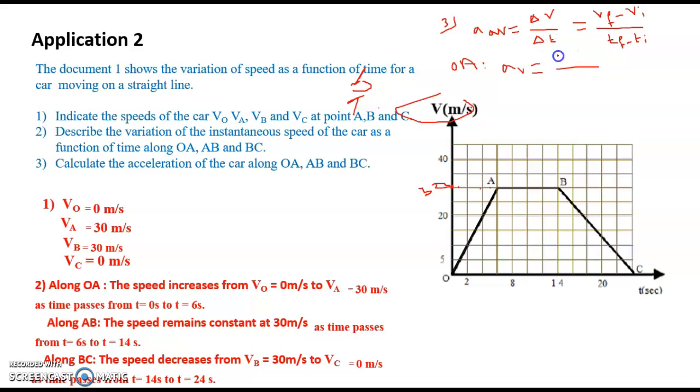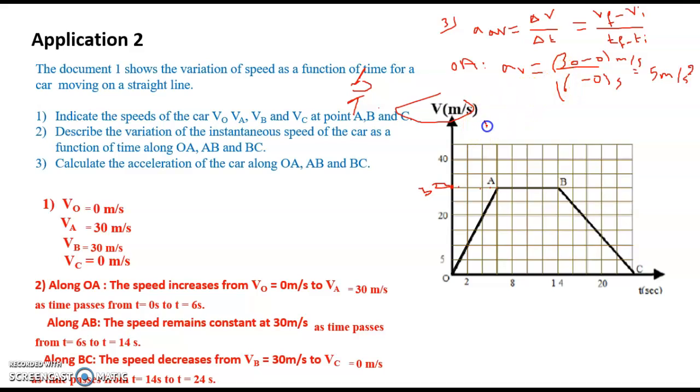You can say it's 30 minus 0 meter per second over 6 minus 0 seconds. And the value is going to be 30 over 6, which is 5 meter per second squared.